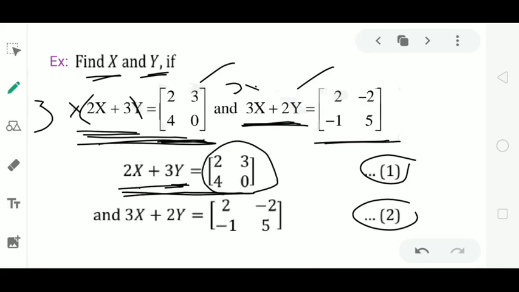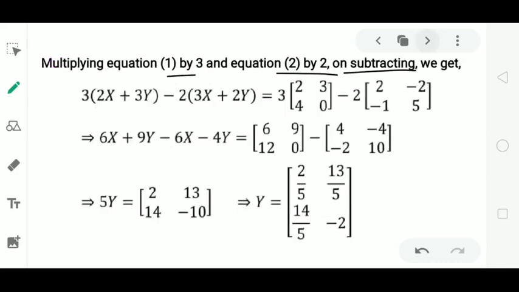We multiply equation 1 by 3, and the second equation 3x plus 2y is this matrix. We multiply the second equation by 2. So here we get 3 into 2x plus 3y minus 2 into 3x plus 2y. 3 into 2x plus 3y, we already have the matrix 2x plus 3y. We multiply 3 to this matrix. For the second one, we multiply 2 to the matrix 3x plus 2y.